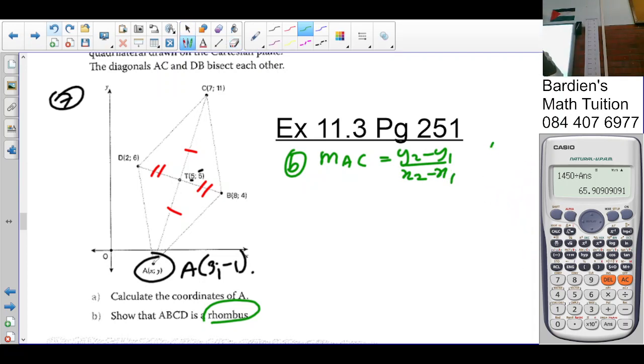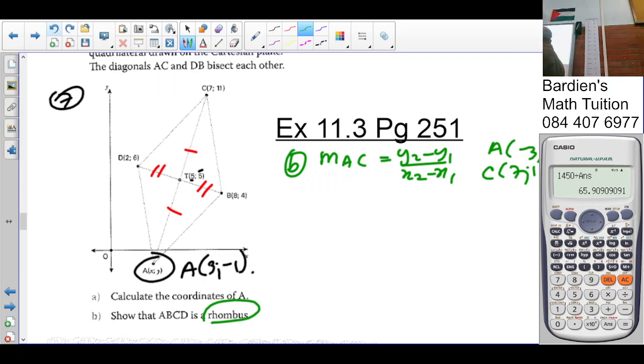So for A, it's going to be (3, negative 1), and C, which is (7, 11). Or I could have used TC, or I could have used TA. It's all the same. Why? Because these points are collinear, which means they lie on the same line, so it has the same gradient.